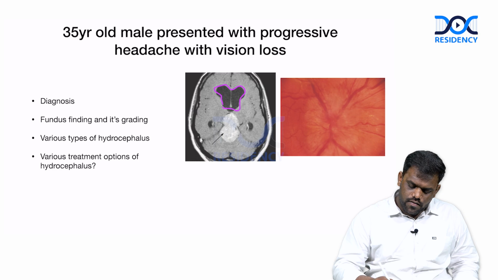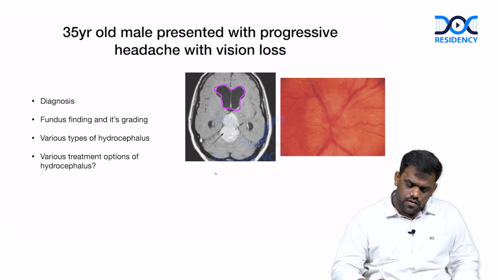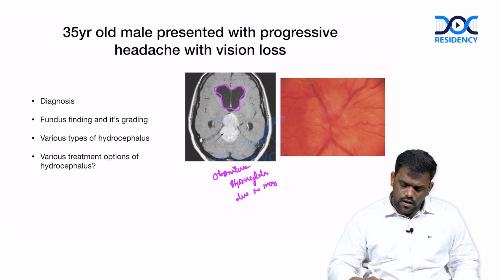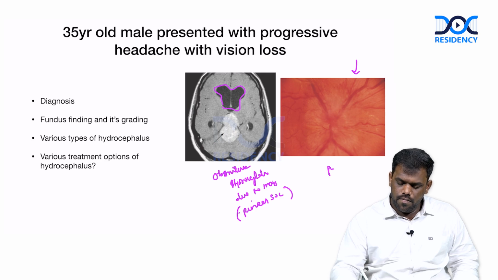So it shows that the patient is having some obstructive hydrocephalus due to a mass, especially in the region of the third ventricle, and it typically looks like a pineal region SOL. And the fundus of this patient shows papilledema.